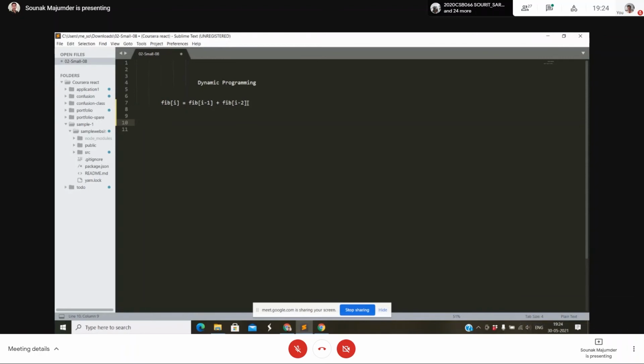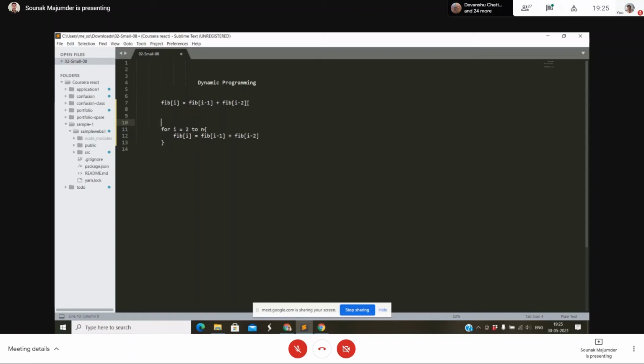So we can go for i equals 1 to say n. We will just calculate Fibo of i equals Fibo of i minus 1 plus Fibo of i minus 2. But there are two base cases, i equals 0 and i equals 1.